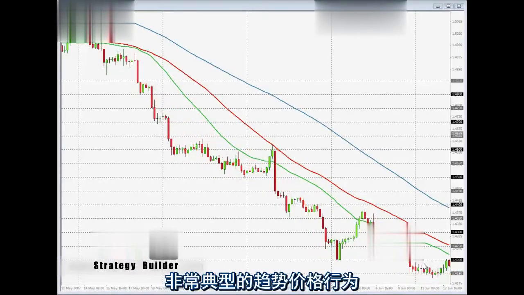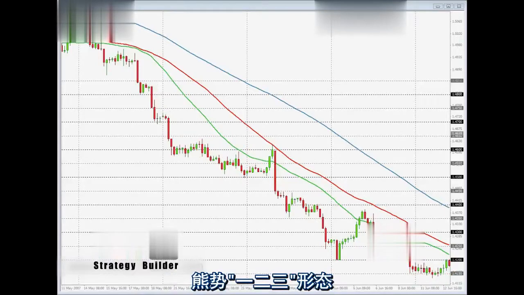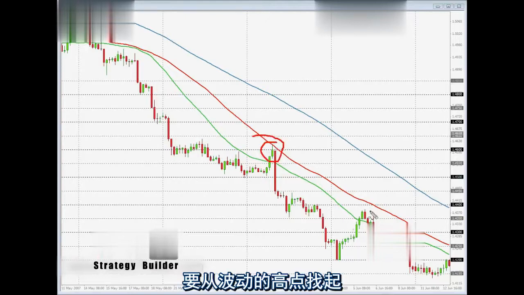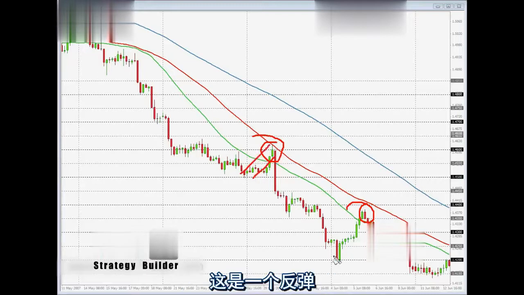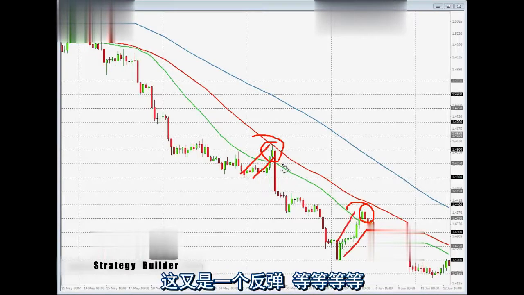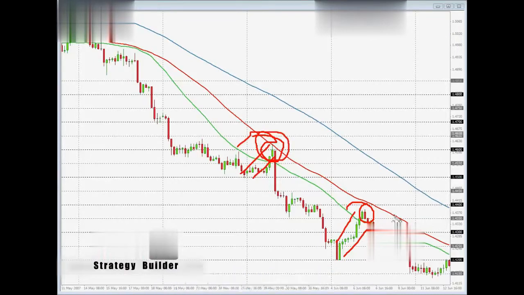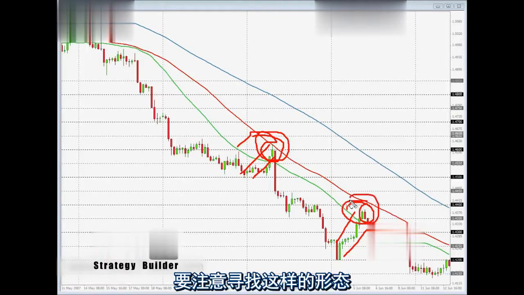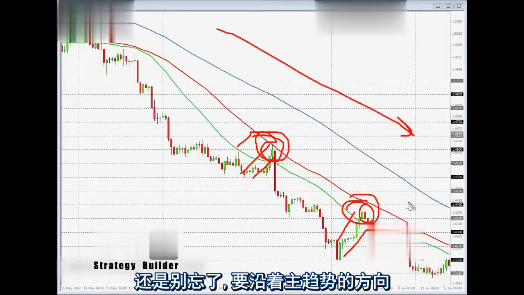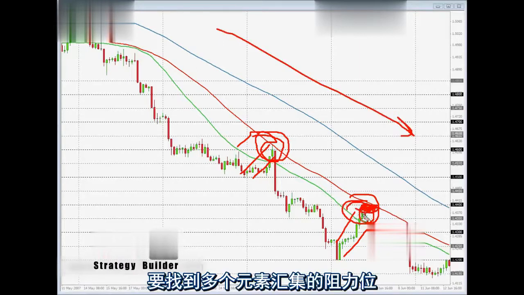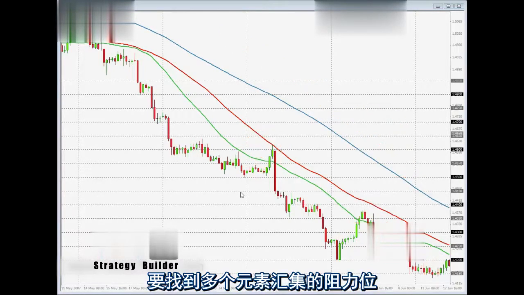The bearish 1, 2, 3 formation we've got to look for at the end of the retracement part of the swing. This being the retracement part, this being the retracement part, etc. You search for them at the end of the retracement part of the swing, always in the direction of the main trend, and right off different elements of support and resistance coming together, in order to search for a short entry joining the trend, in this case to the downside.